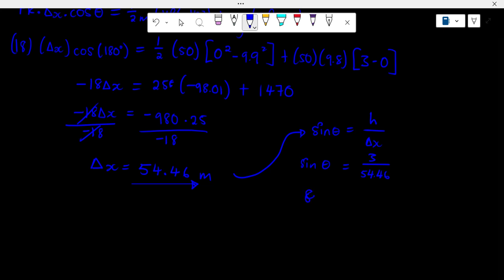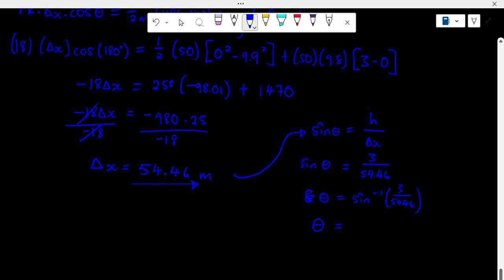So to get the value of theta, I then say this is arcsine of 3 divided by 54.46.